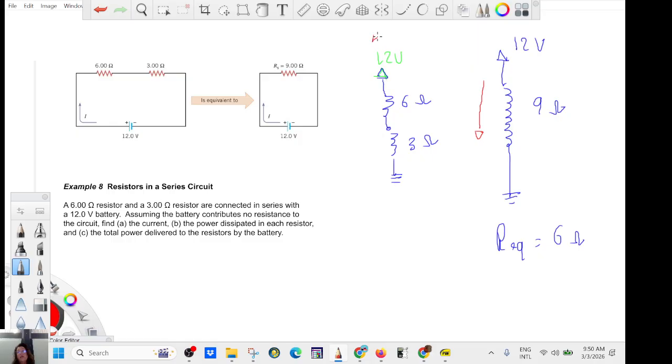Once you are here, you go from 12, boom, I drop to the ground. So that voltage drop is 12 volt. Now if you want to find the current, you just use Ohm's law.